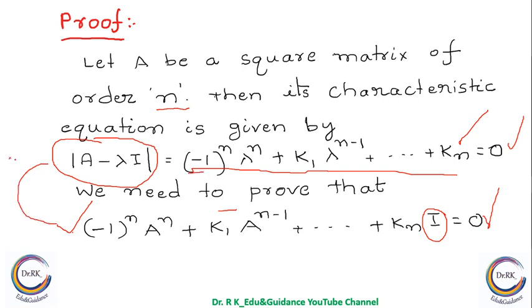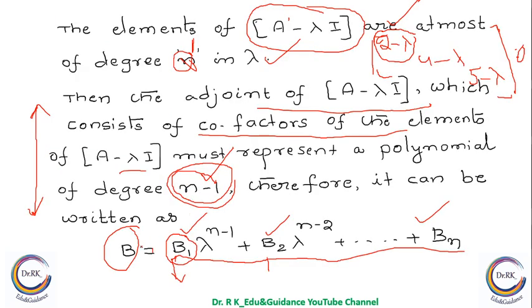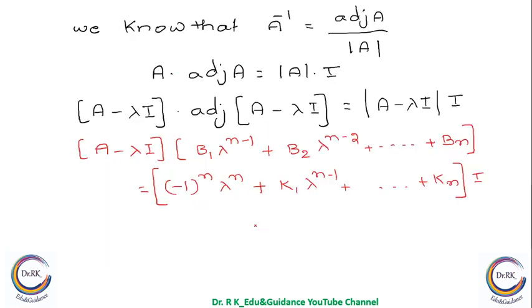And the second one is that the adjoint of A minus lambda I can be written as a matrix polynomial, B1 lambda n minus 1, B2 lambda n minus 2, plus and so on, Bn. Again I repeat, because A is a matrix of order n, the matrix polynomial B has degree n minus 1. Then we'll make use of this.